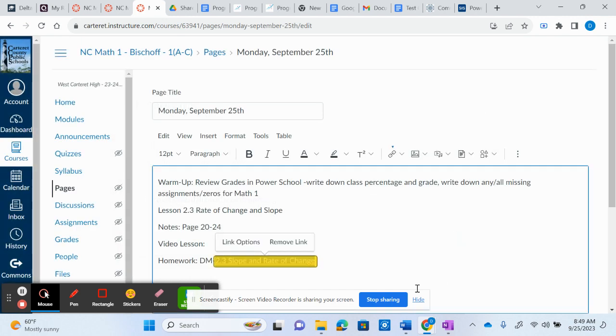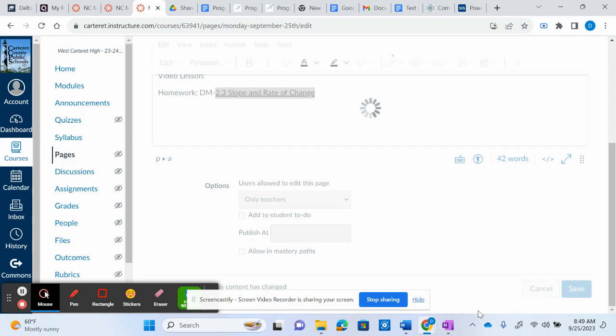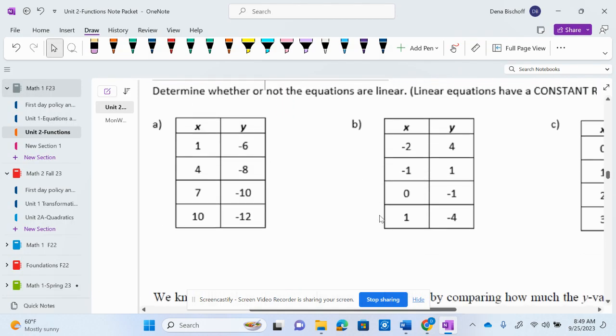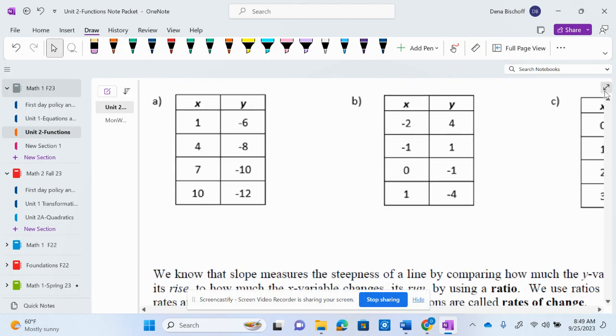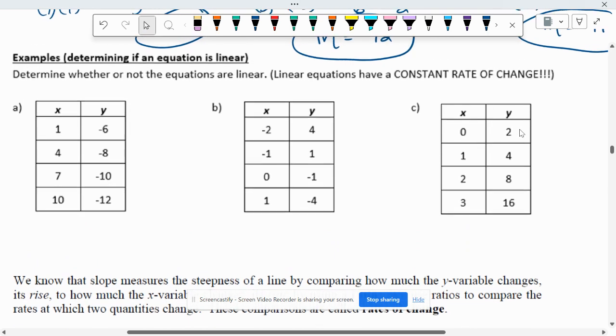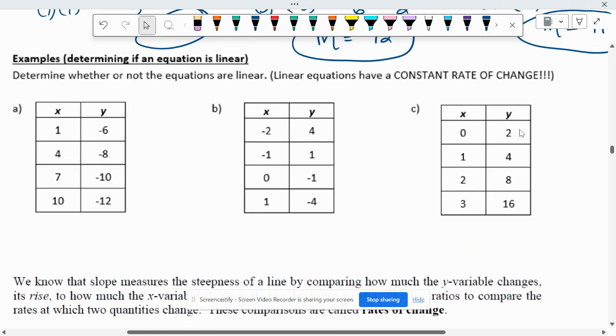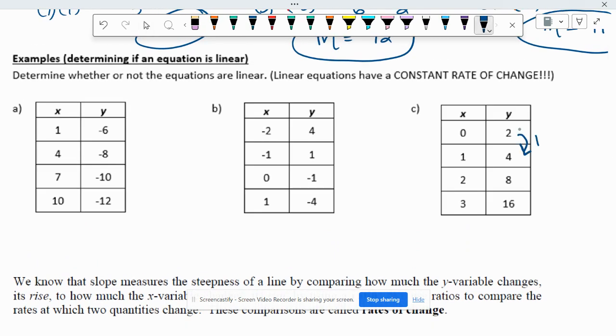So I'm going to do example C with you. I'm going to move up so we can all see it. Notice that on my y-axis, I go up by 2, and then up by 4, and then up by 8. On my x-axis, I'm going up by 1 every single time.